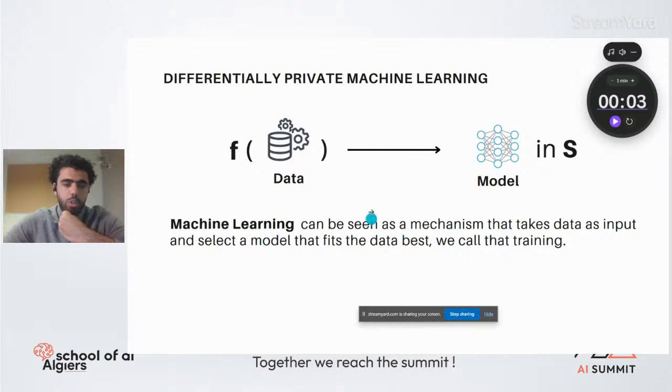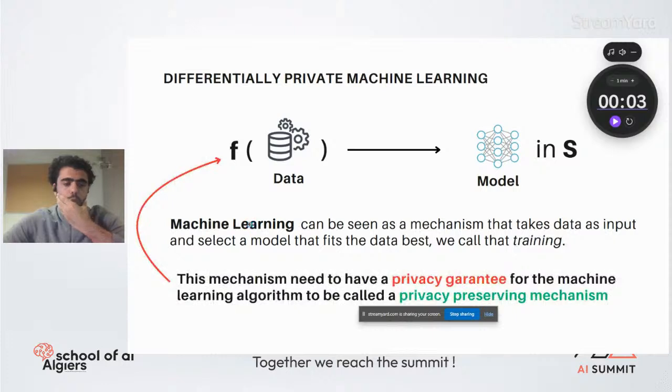To say that a machine learning method is differentially private means that this mechanism needs to have a privacy guarantee. What that means is that the resulting model of the training process is not sensitive to one individual's contribution in the data. And this is the basic definition of a differentially private machine learning model.